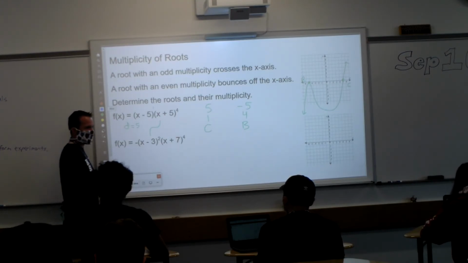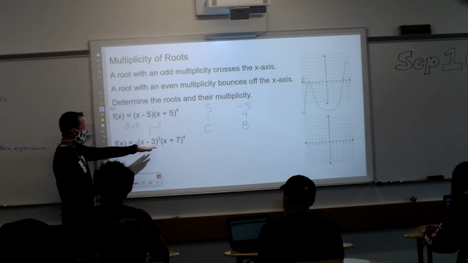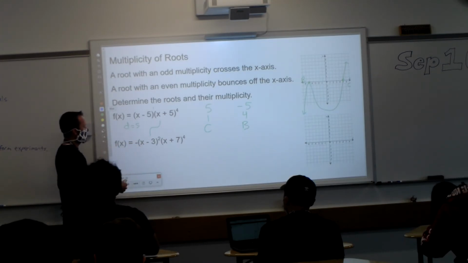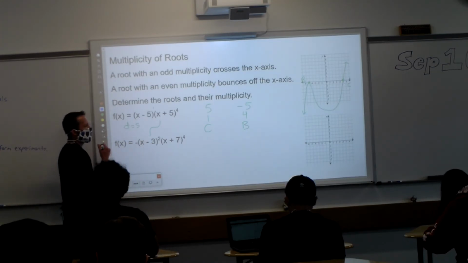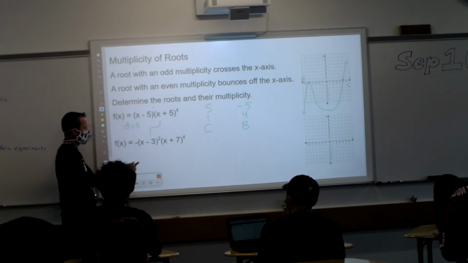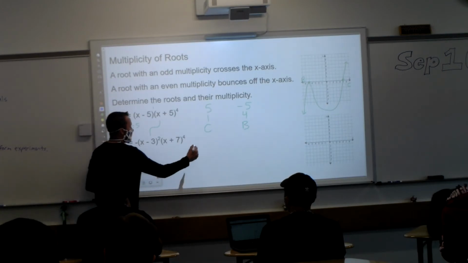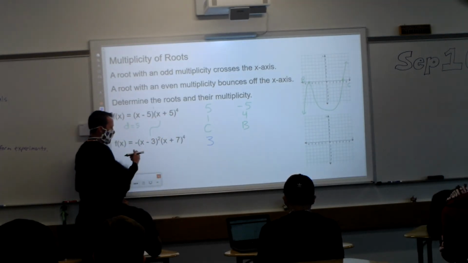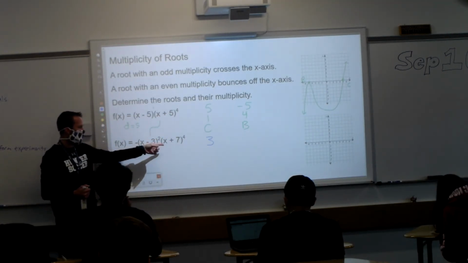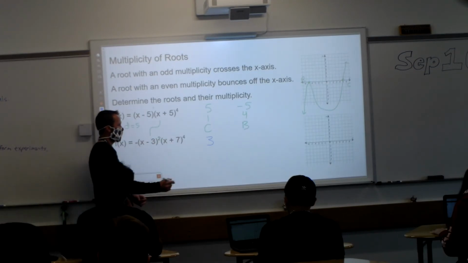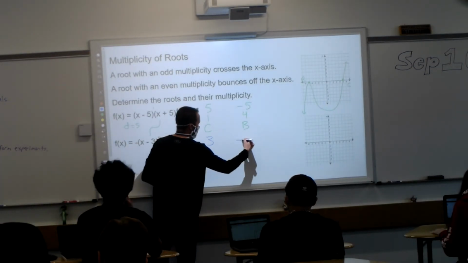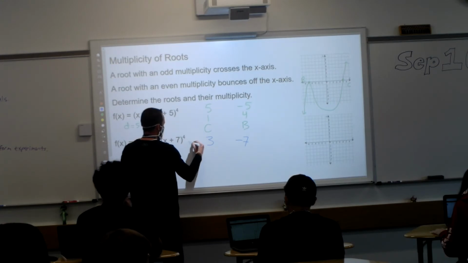A way you can think of it is you just do the opposite. What's the opposite of negative 3? Positive 3. Because 3 minus 3 gives you 0, so your x-intercept is 3. What's the opposite of 7? Negative 7. So these are the x-intercepts.